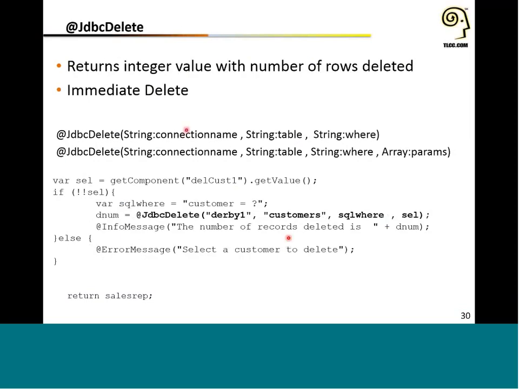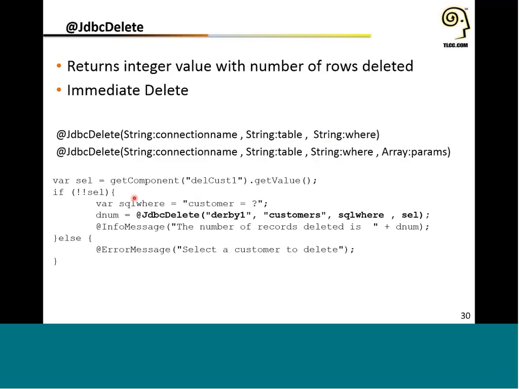JDBC delete will let you delete rows from your table. So you pass it a connection name, you give it a table, and then you tell it what rows you want to delete. So you have some sort of SQL. You probably, in this case, maybe want to pass the customer name.